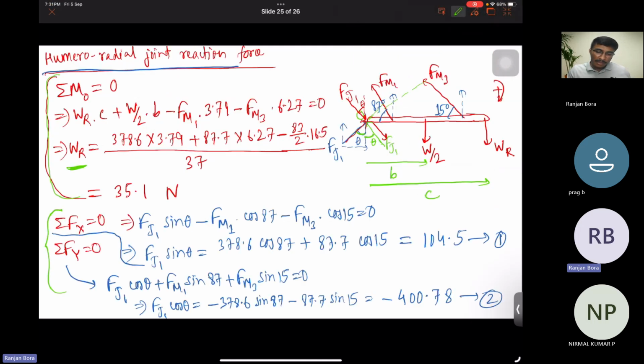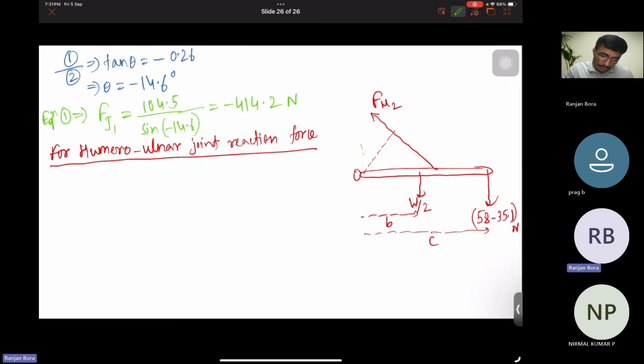In the previous calculation, our assumption was that the joint reaction force will act in this direction at an angle theta. So let us take the opposite assumption here: we'll assume that the joint reaction force will act in this direction, FJ2, and this is theta 2.